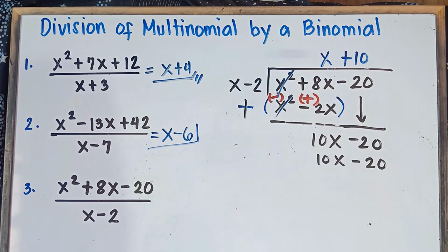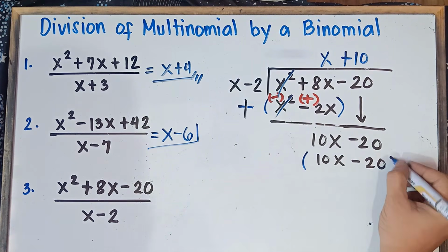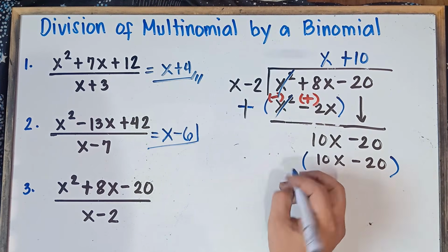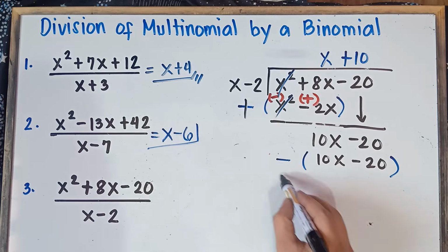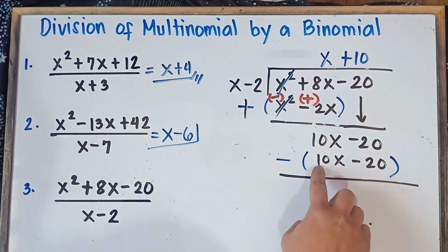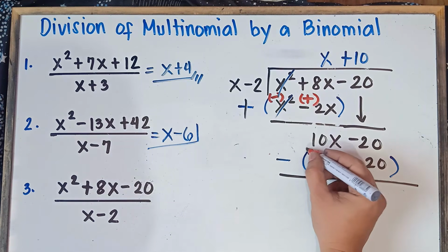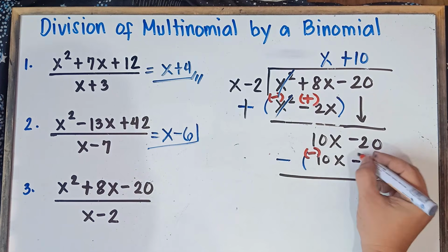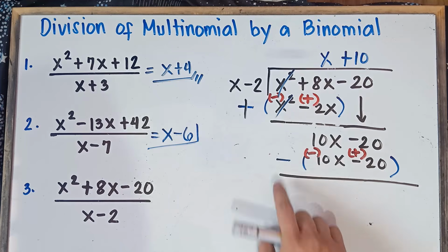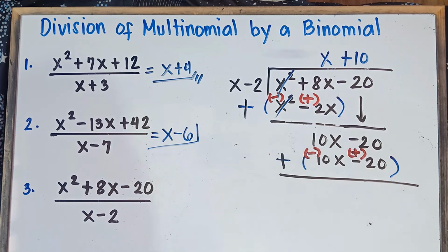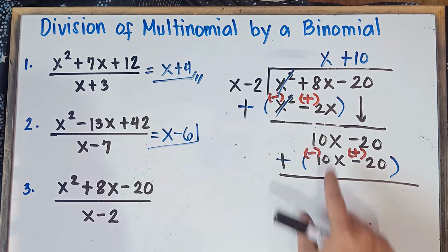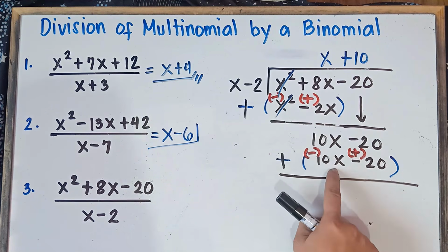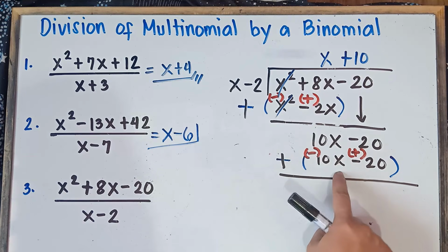And then we put parentheses because this is a binomial, and this is the minus sign. Alright, and then change the sign. This is positive, it becomes negative. This is negative, it becomes positive. And then we change the operation: this minus sign becomes a plus sign. Alright, and this will be 10x minus 10x, of course, that is 0.